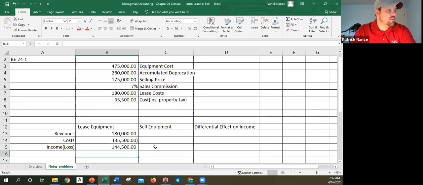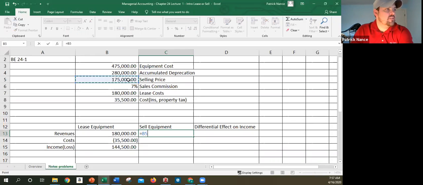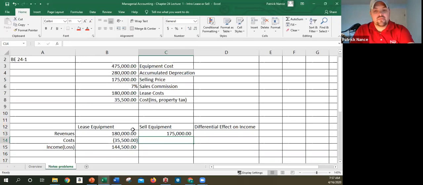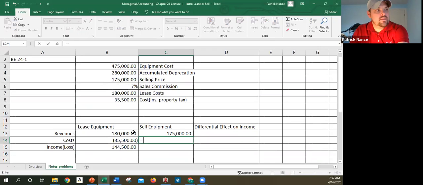So I get a total income or loss of $144,500. If I sell the equipment, on the other hand, I receive $175,000 now, and the only cost, from what I can tell, is the sales commission, 7% times the selling price.